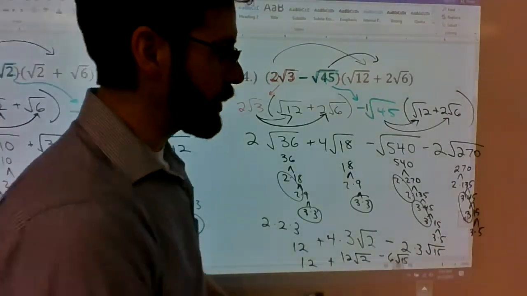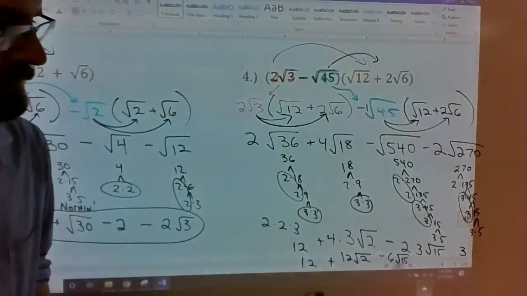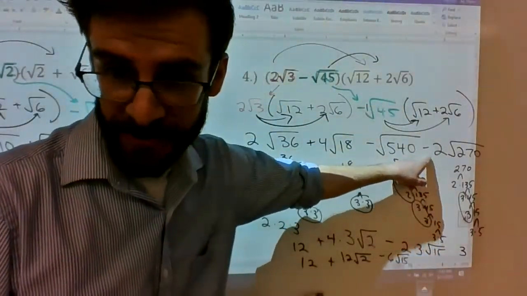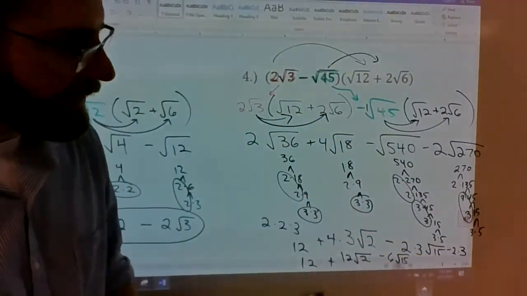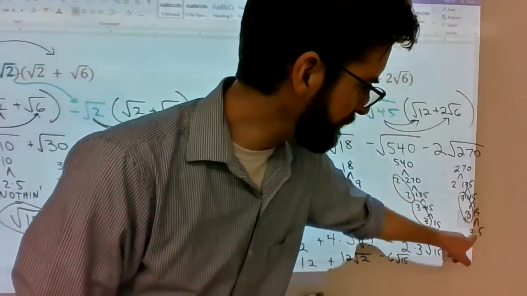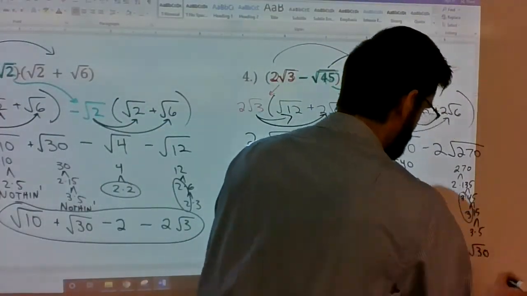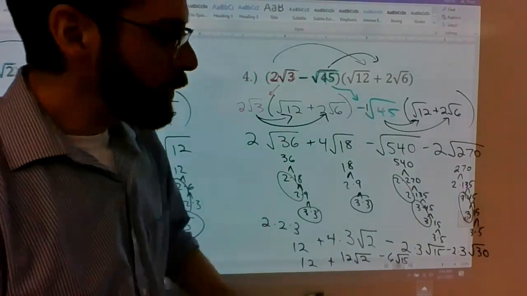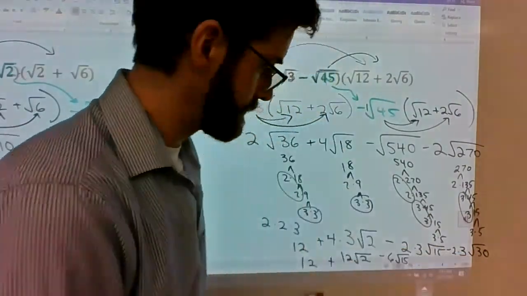That's it. So a 3 comes out. There's still a minus 2 outside, so bring that down as well. And then there's a 2 and a 3 and a 5. It's 30 inside the root, which ends up being minus 6 root 30.